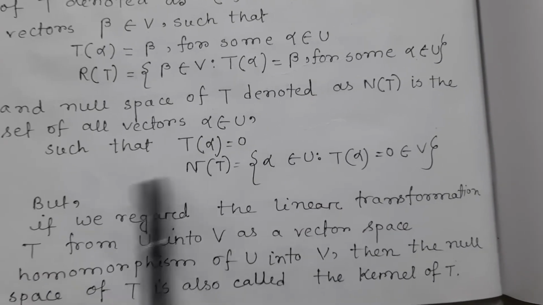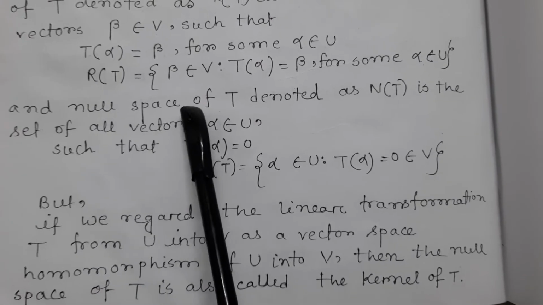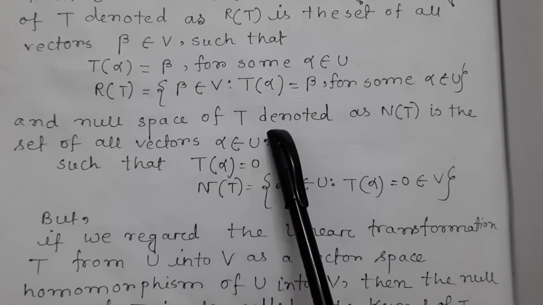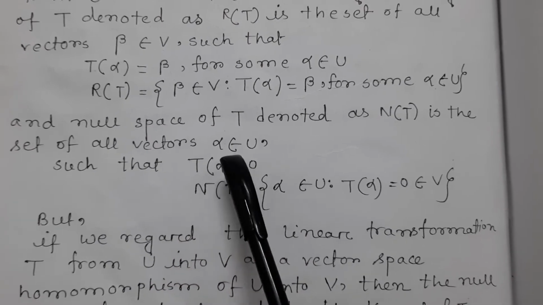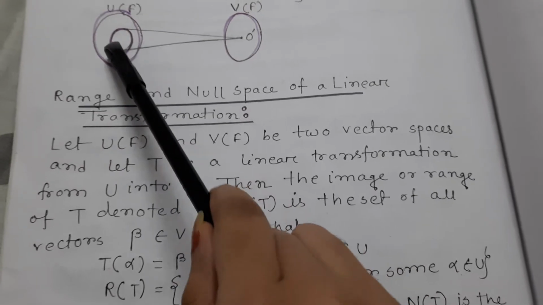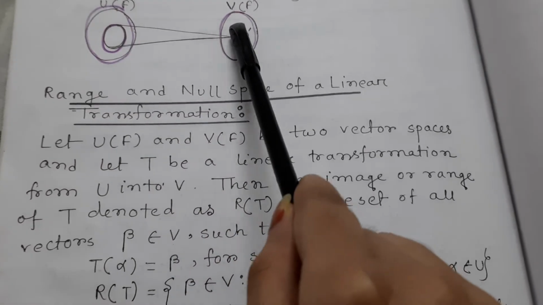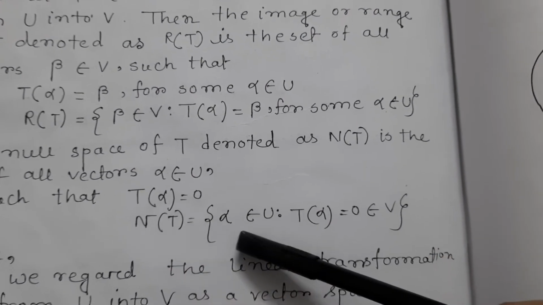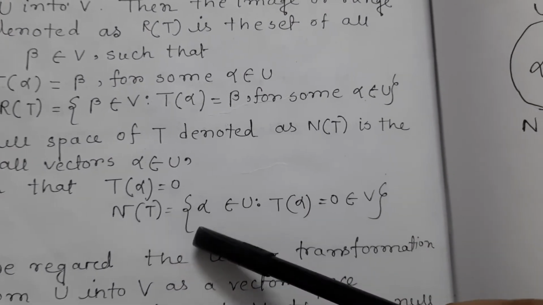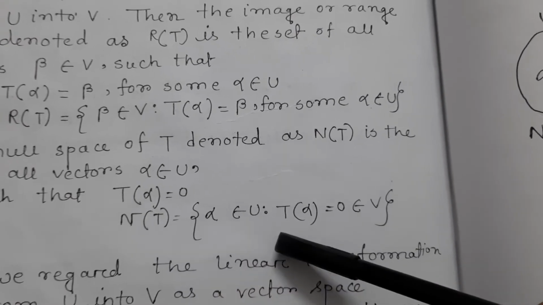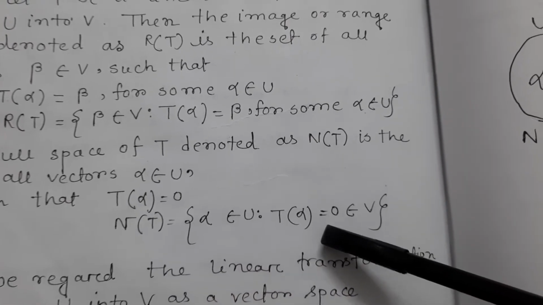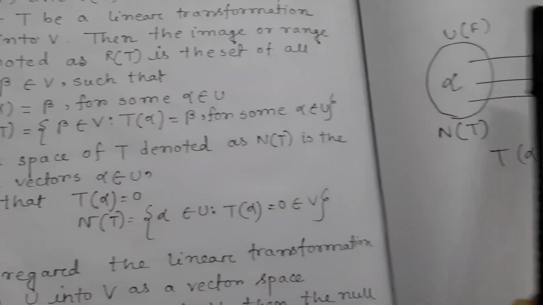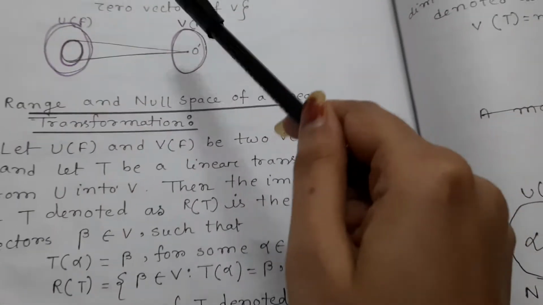The null space of T, denoted as N(T), is the set of all vectors alpha belonging to U such that T of alpha is equal to 0, because this alpha maps to the zero element of V. So N(T) is the set of alpha belonging to U such that T of alpha equals 0 belonging to V. This case is for this picture and this case is for that picture.